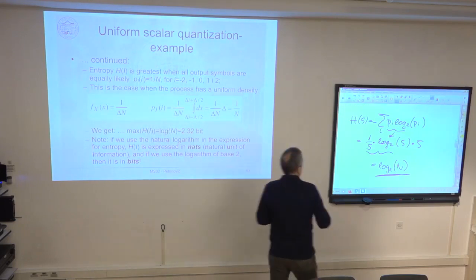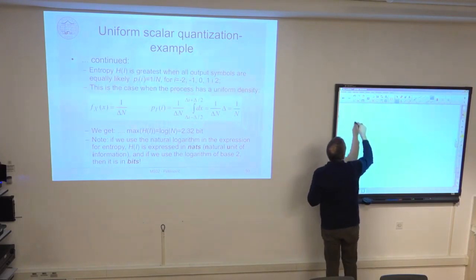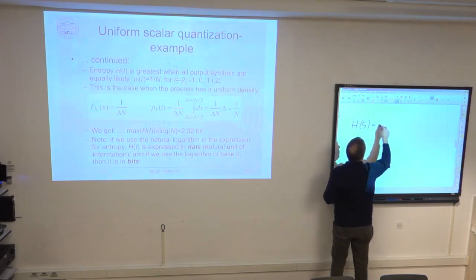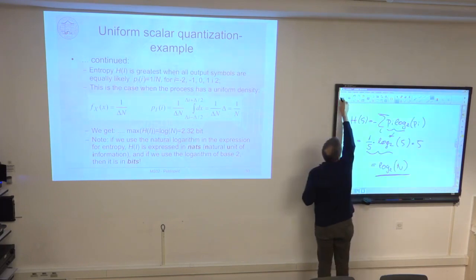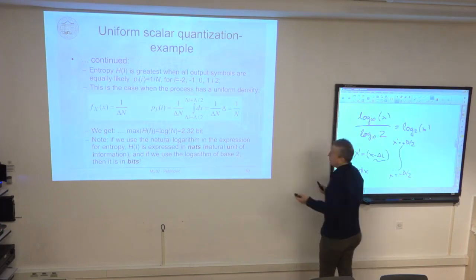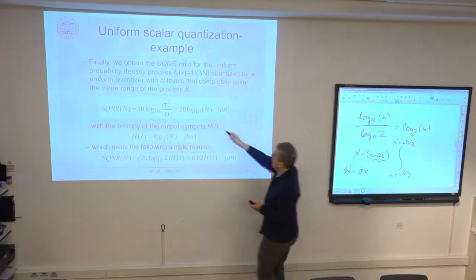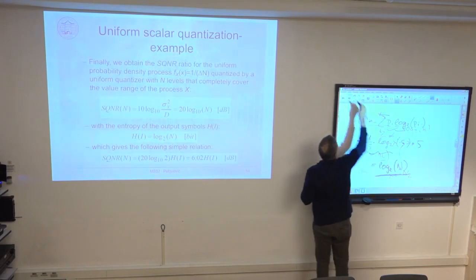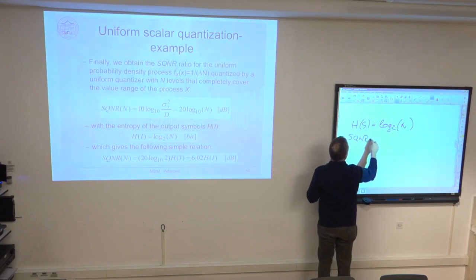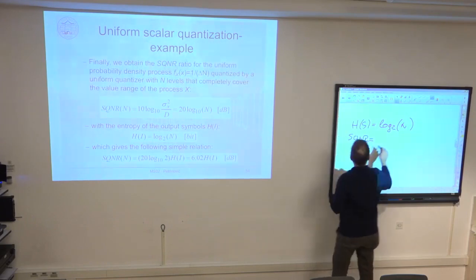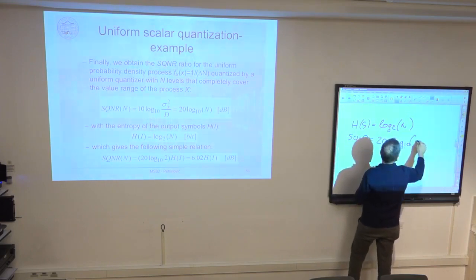Okay. And I want to then derive a relationship between h of s, which is logarithm base 2 of n, and the other is distortion. Distortion that we have just computed. Distortion is SQNR, for the same case is 20 log base 10 of n.